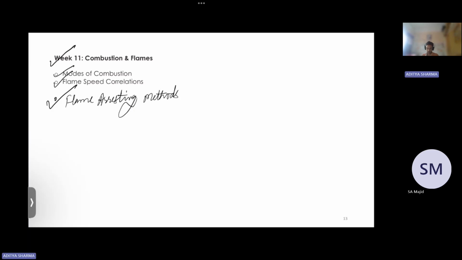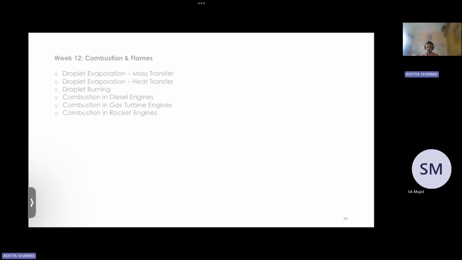After that is your last week, that again is on combustion and flames. So here we saw how the droplet burns in case of a diffusion flame. So this is a non-premixed type of combustion where first we see the mass transfer.